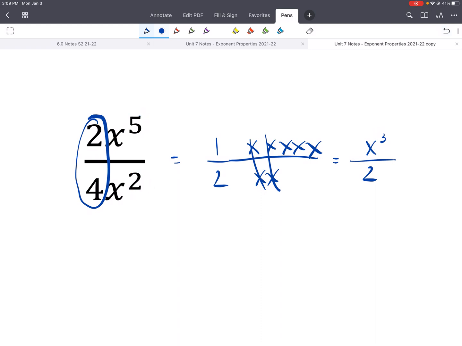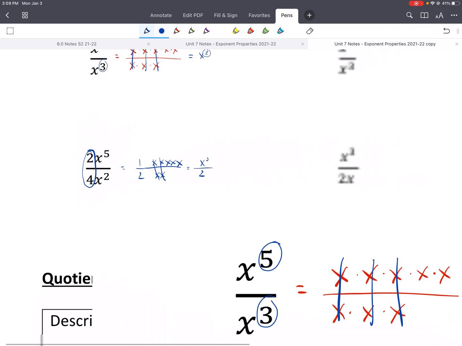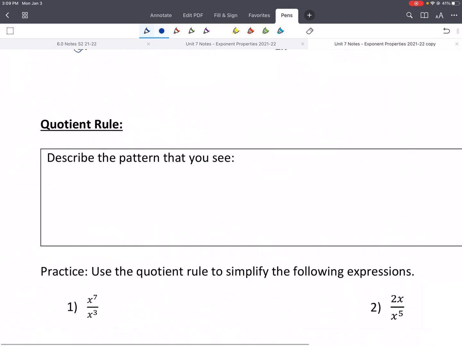So here, hopefully you're coming up with the idea that whenever we divide like bases, we subtract their exponents. All right? So maybe we can write that here. When we divide like bases, we subtract their exponents.